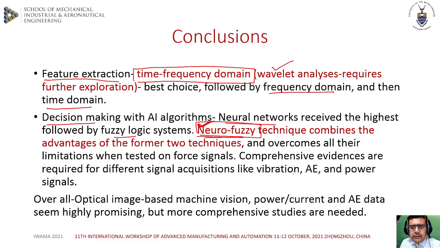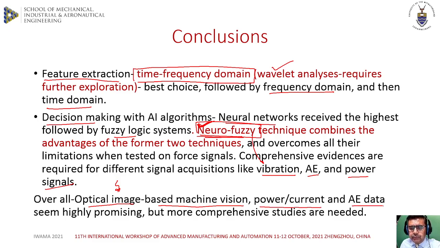Researchers have used neuro fuzzy systems for vibrations, acoustic emission, and power signals. Overall, if we have to conclude, we can say that optical imaging, by deploying high speed cameras, can create a machine vision system, and the power and current sensors are also a great potential.